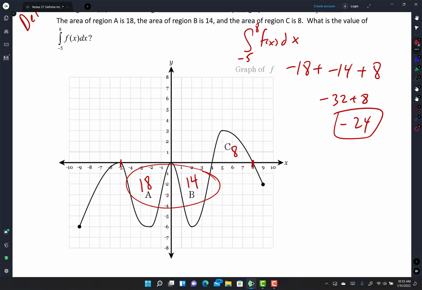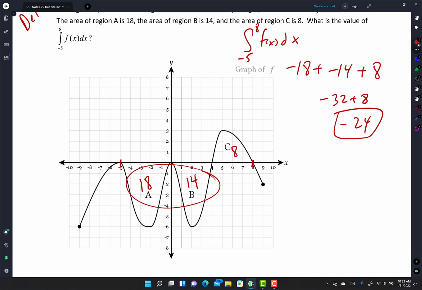Do you guys remember how to find the area of shapes? Just random regular shapes. A triangle, a rectangle, a circle, pi r squared, a semicircle.